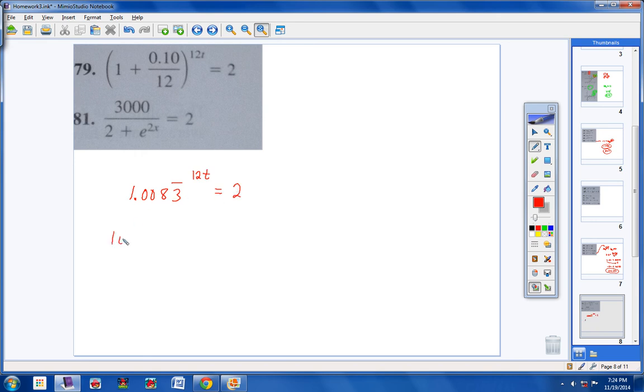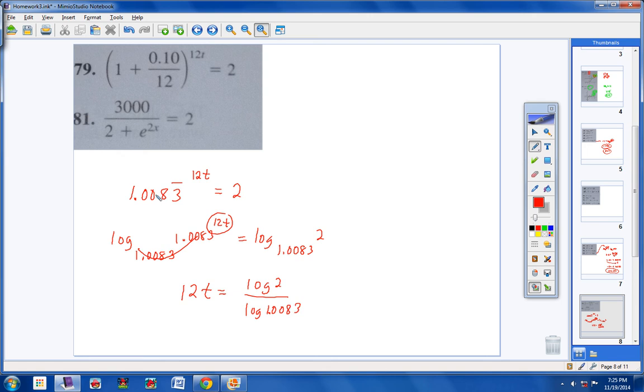So log base 1.0083, okay, your base matches your base. So your answer is your exponent, 12t, log of 2 divided by log of 1.0083.